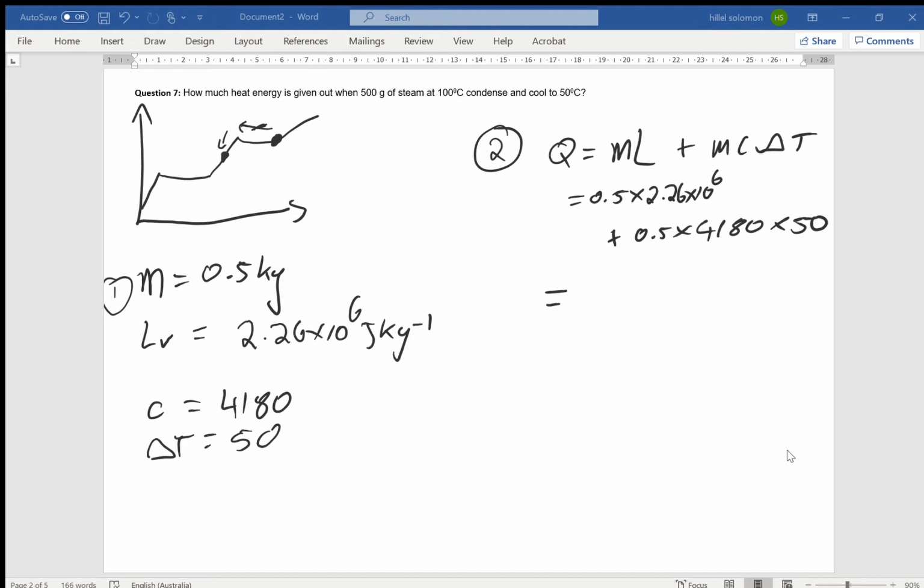And we should get 1.23 times 10 to the 6. So that's how much heat has been given out.